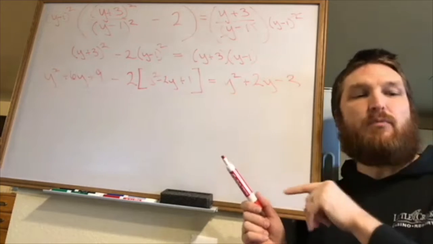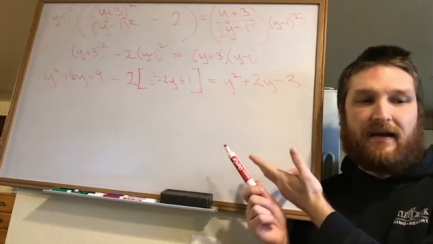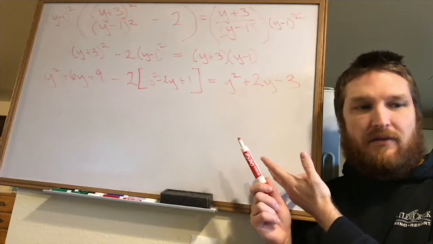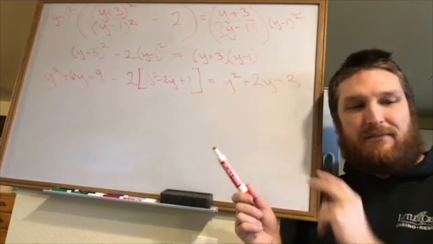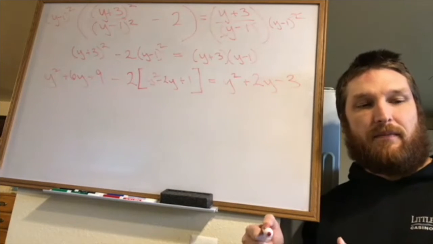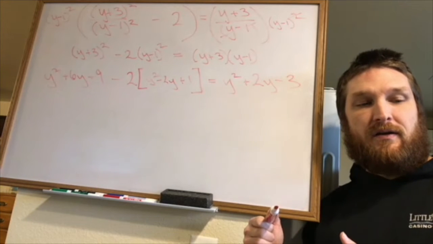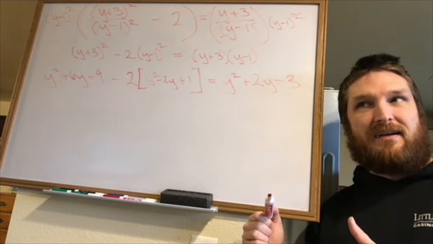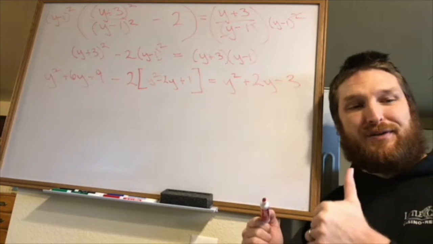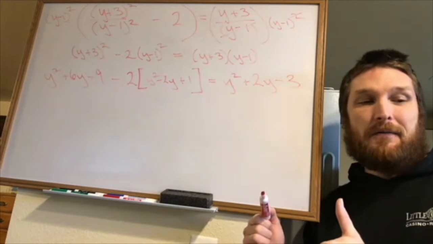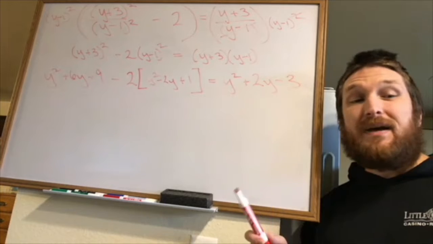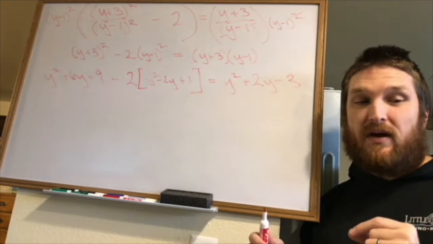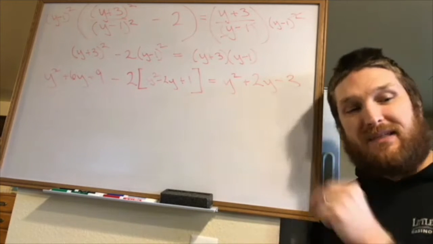I see, oh, I have a quadratic. The only way we know how to deal with quadratics is to set them equal to 0 and then do stuff with them. In the future, we're going to learn a different way of dealing with quadratics, but the first step is always going to be set it equal to 0. That's the way it is with pretty much every polynomial equation: we want to set the polynomial equal to 0.